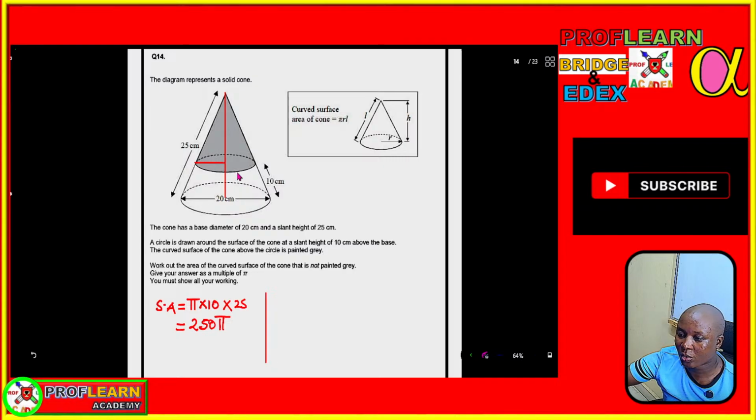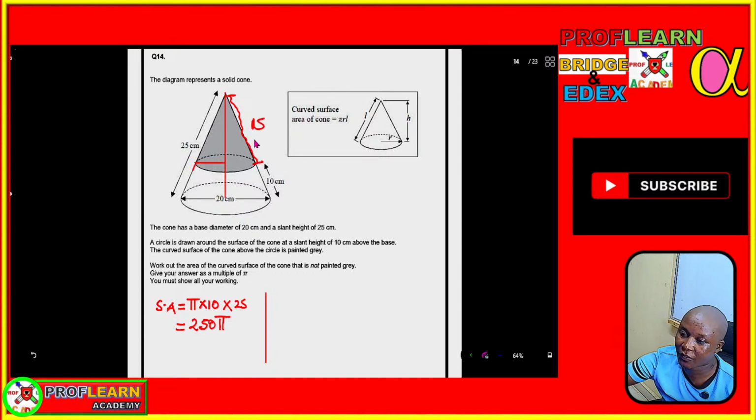So we also need to work out the curved surface area of the small cone. If this from here to here is 10, what's the remaining part? The remaining part is 15. The slant height here is 15.